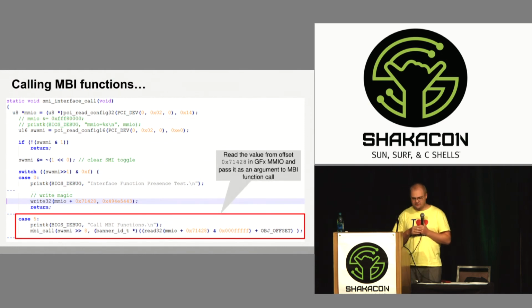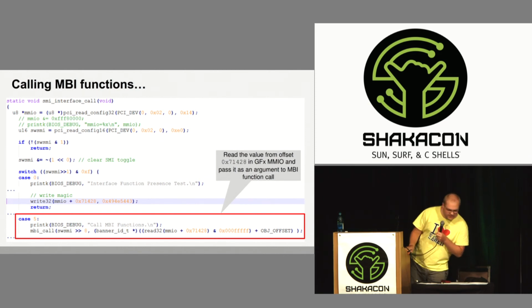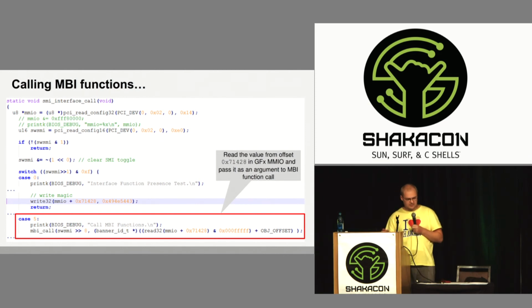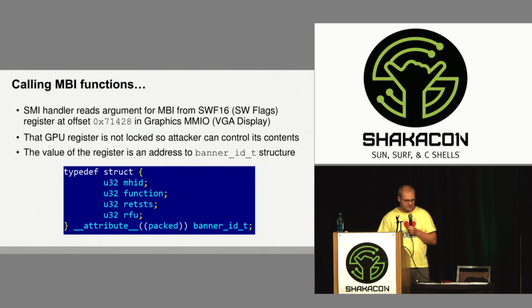But the same handler has other vulnerabilities which are much easier to exploit. What is happening here is that from the same register, the SMI handler reads the value and passes it to a function called MBI call. And this value is controlled by the attacker.